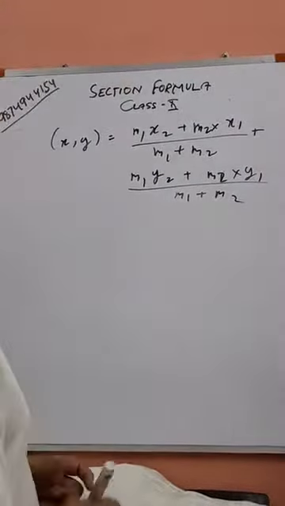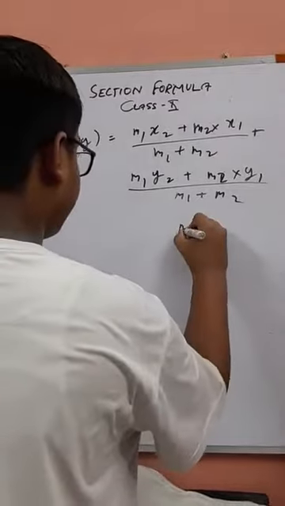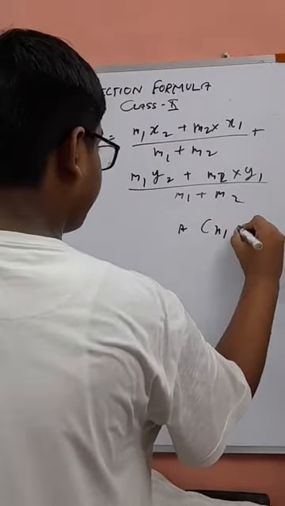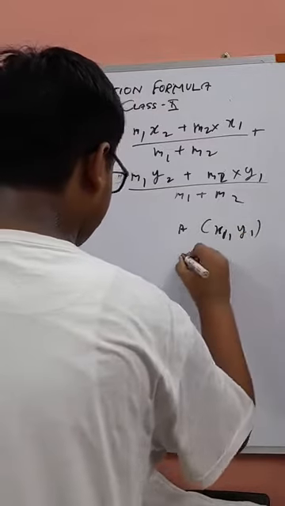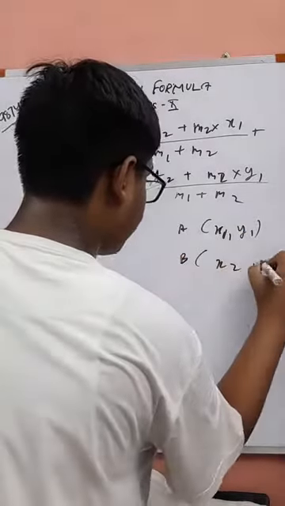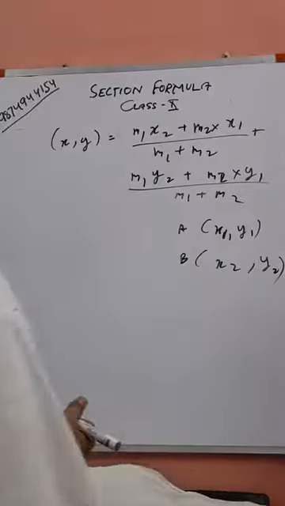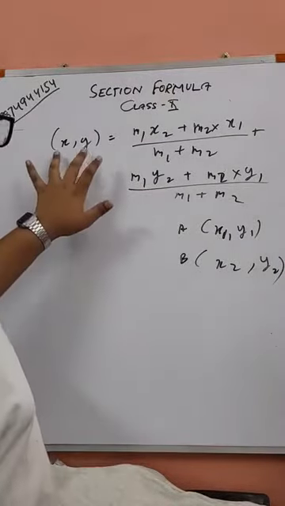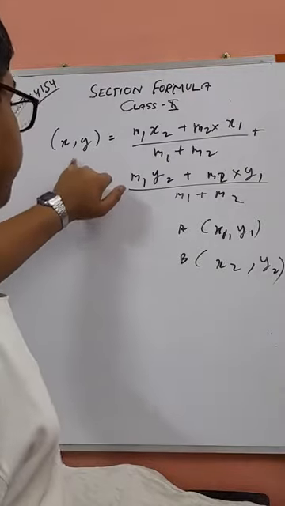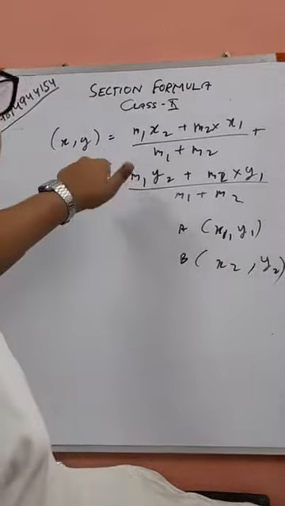We have taken that the value of a was x1 comma y1 and b was x2 comma y2. I mean these are the coordinates of the points between which this point lies, and this is the formula to find this point.